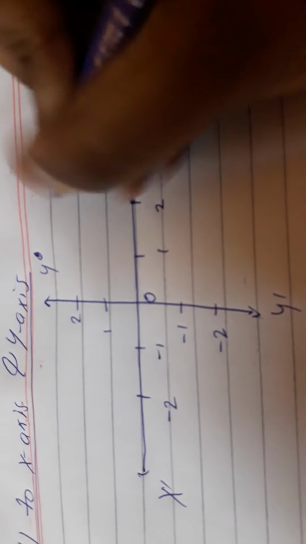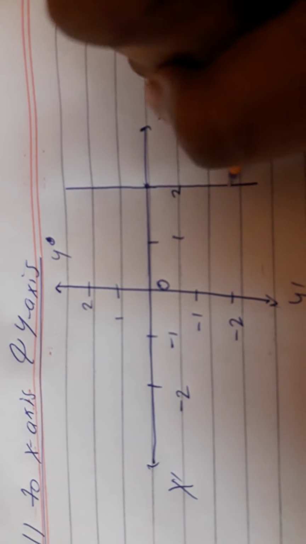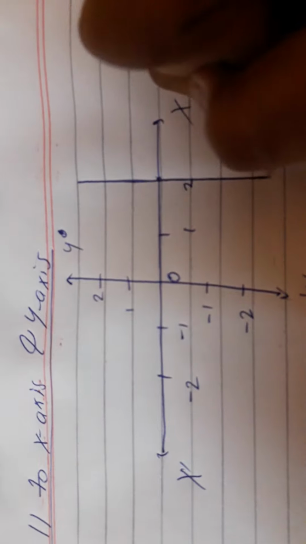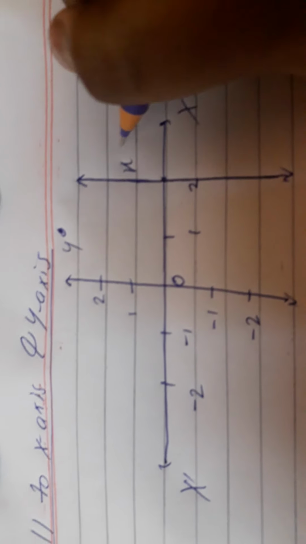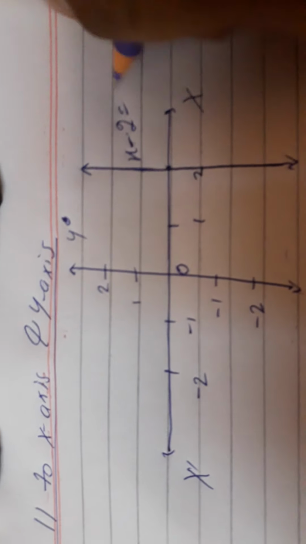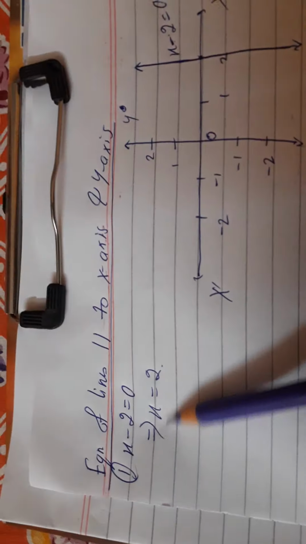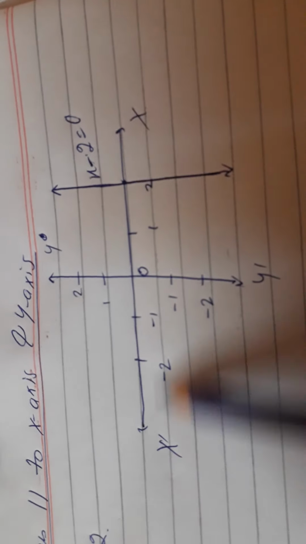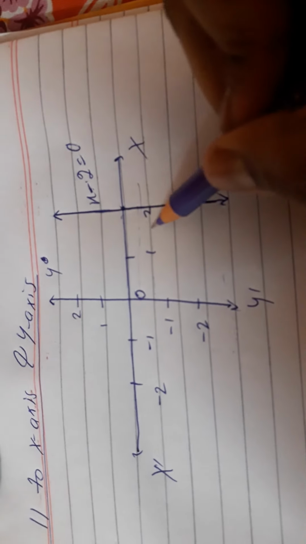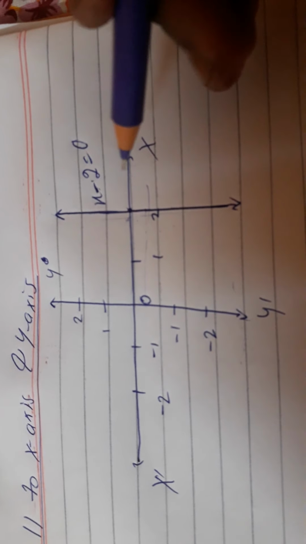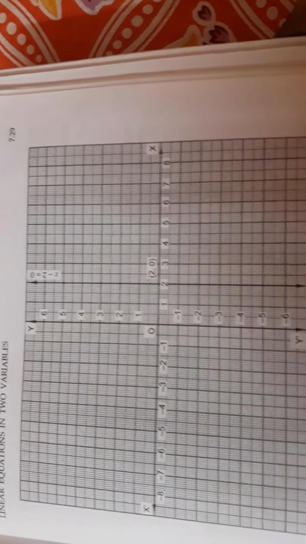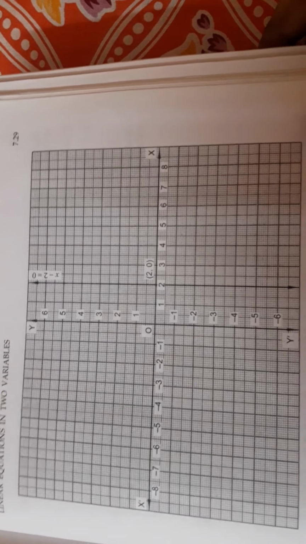So x equals 2 means you have to draw a line parallel to the y-axis. On the x-axis, 2 is here, so you draw a line parallel to the y-axis, and then write the equation. See, this is the actual graph of x minus 2 equals 0.